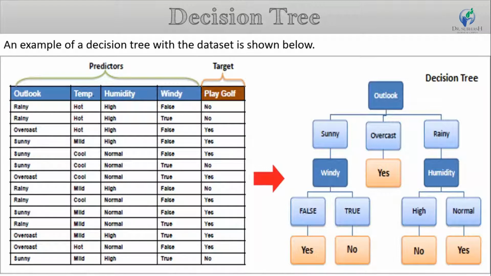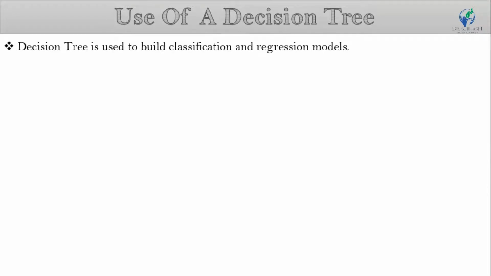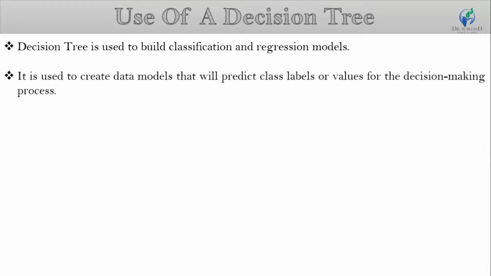Now, I explain what is the use of a decision tree. A decision tree is used to build classification and regression models. It is used to create data models that will predict class labels or values for the decision making process.